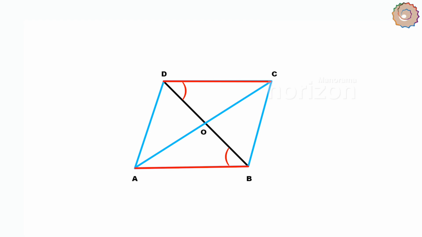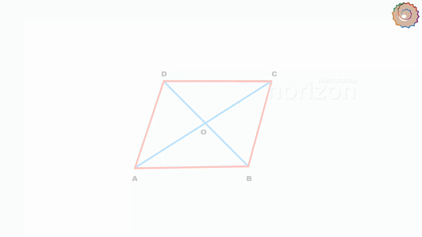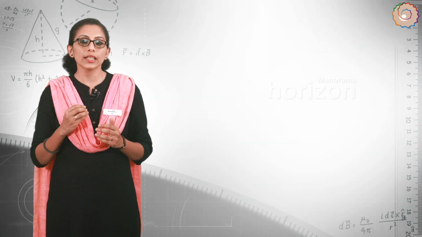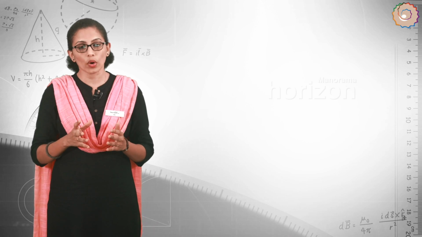Reason, they are the alternate angles. So, the lines are parallel, so AB parallel to CD. Thus, in ABCD, both pairs of opposite sides are parallel. That is, ABCD is a parallelogram. Hence, proved.